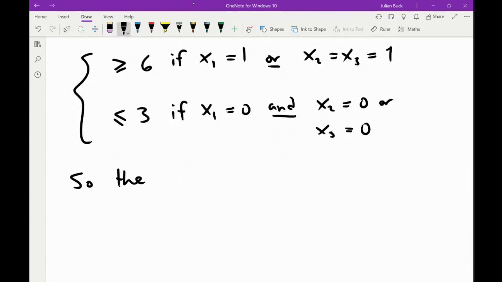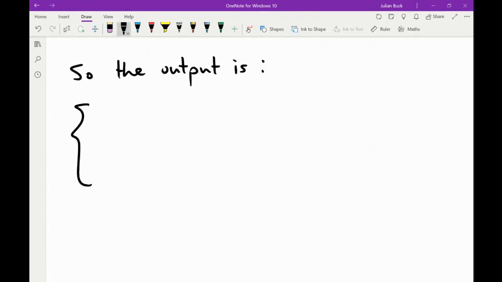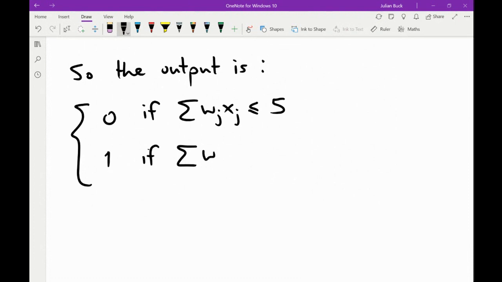So the output, in this case, what do we get? It's 0 if the weighted sum, the net input, is less than or equal to 5, and it's 1 if the net input is greater than 5.